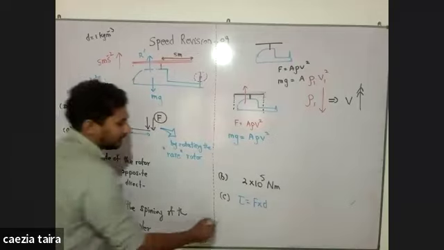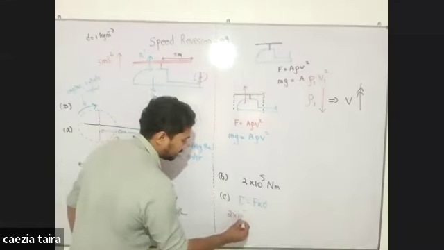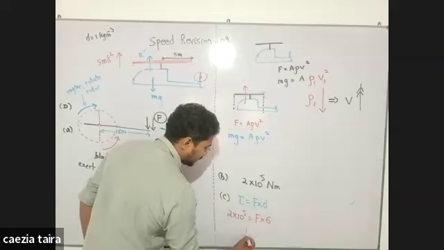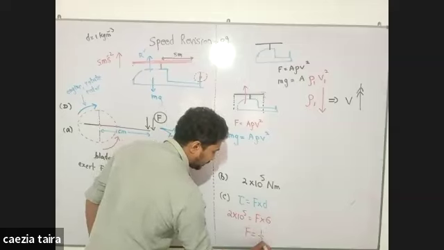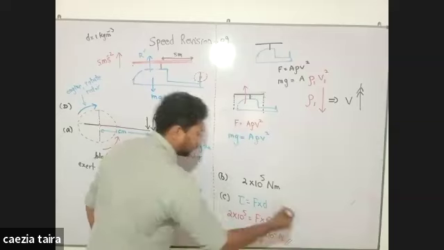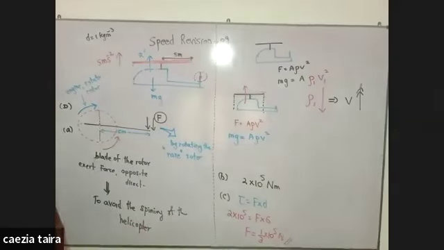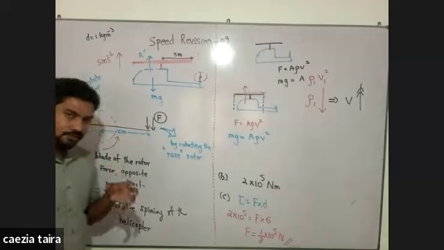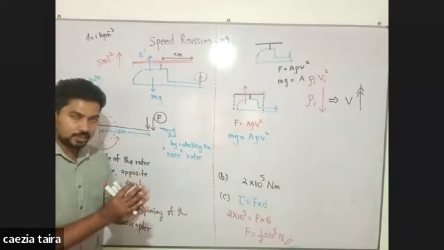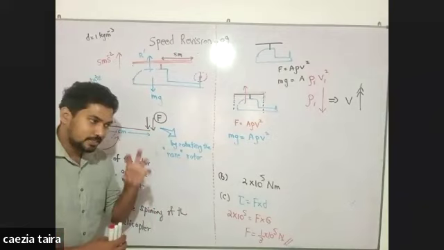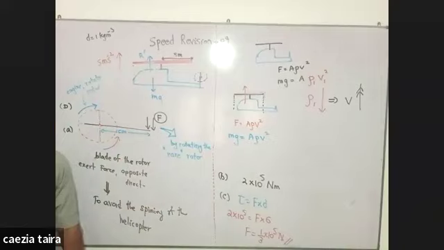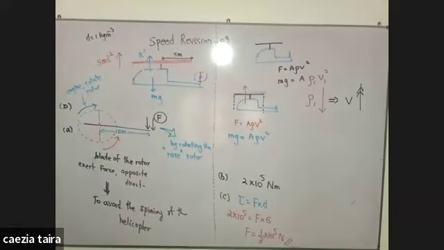Tau means force into distance. So the force can be obtained by simply dividing the torque by this distance. So the main function of the rear rotor is to avoid the spinning of the helicopter by exerting the opposite torque on the helicopter. That is the whole story, and this is finished.